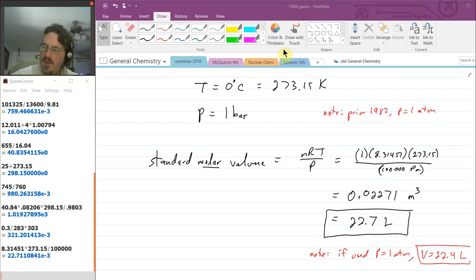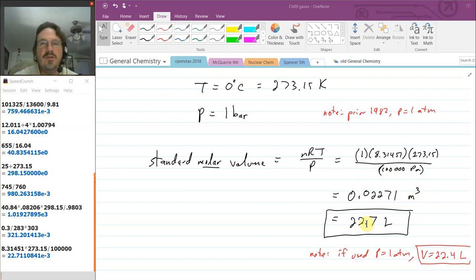Plug in nRT over P: 1 mole, 8.31451, the value for R in SI units, 273.15 for temperature, and 1 bar, which is 100,000 pascals. That equals 0.02271 cubic meters, the SI unit for volume, which converts to 22.7 liters.